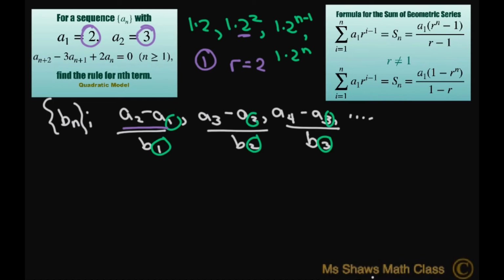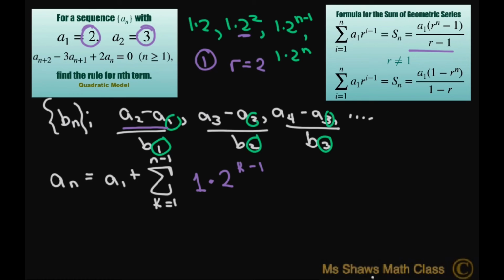So now we're going to go back to our quadratic method and use this formula, a sub 1 plus the sum from k equals 1 to n minus 1, and write our formula out as 1 times 2 to the power of k minus 1.